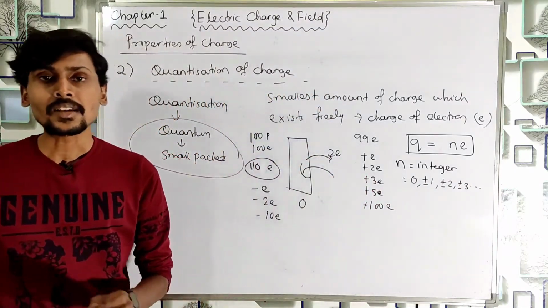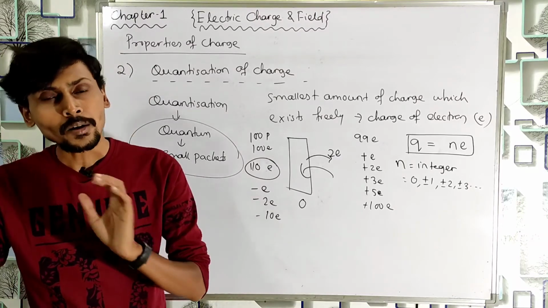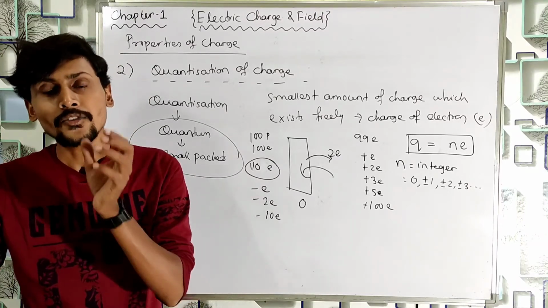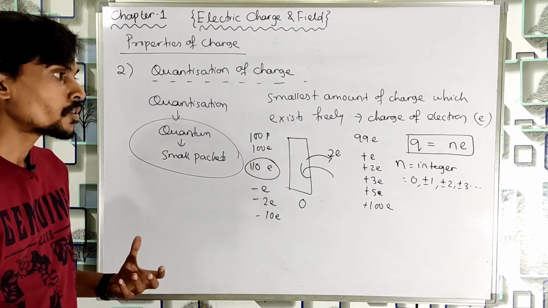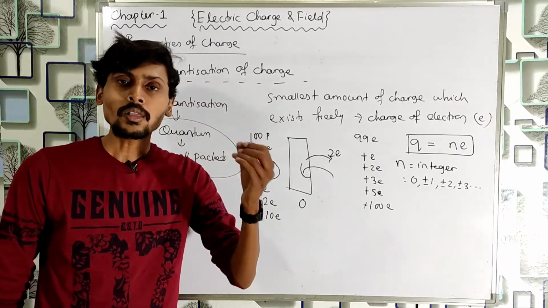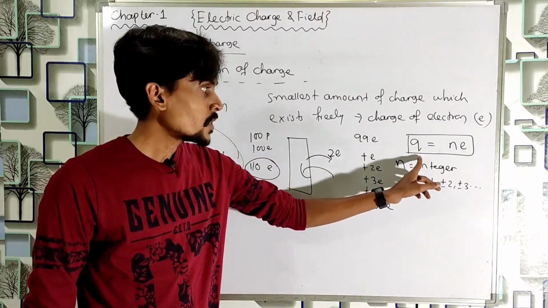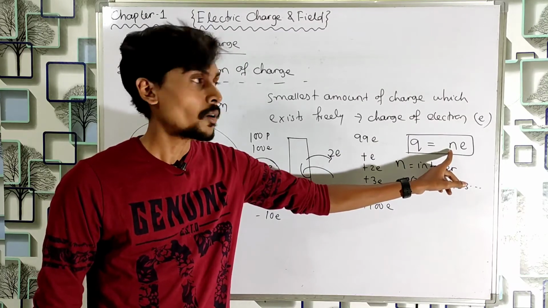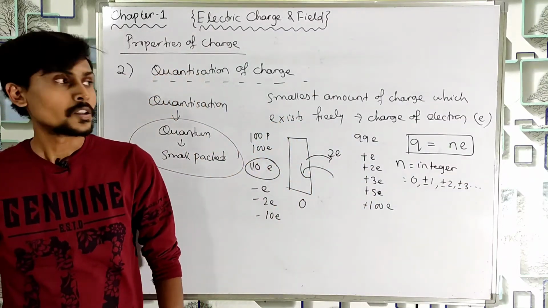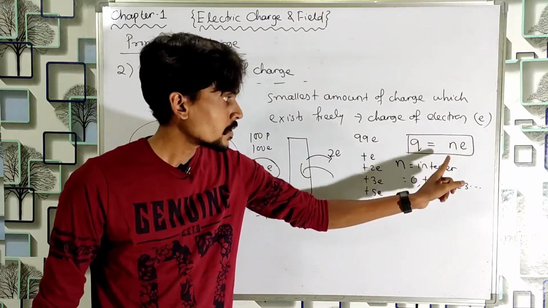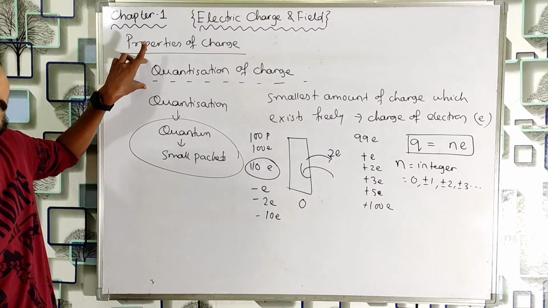But N can never be a fraction, because we cannot remove or add a fractional number of electrons. We always remove or add a whole number of electrons. So Q is always an integral multiple of electronic charge, or Q is equal to NE. So this is the mathematical statement of this property, quantization of charge.